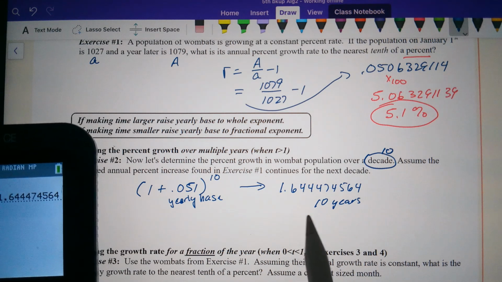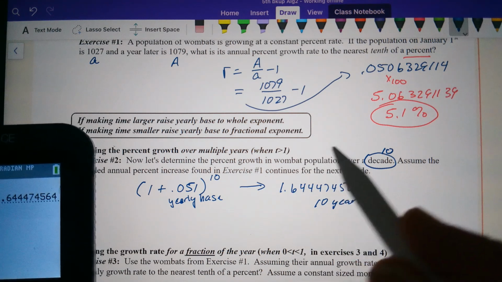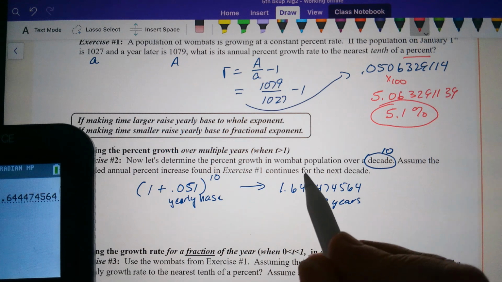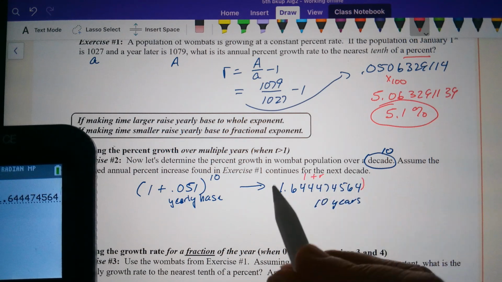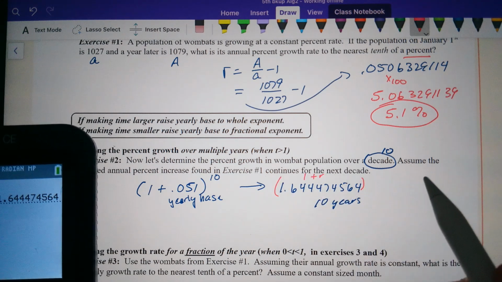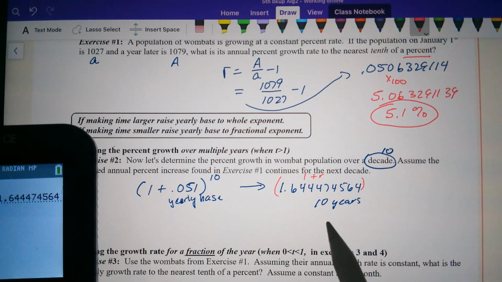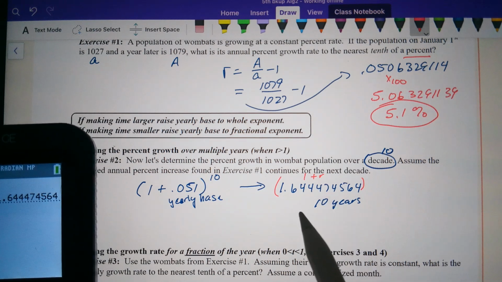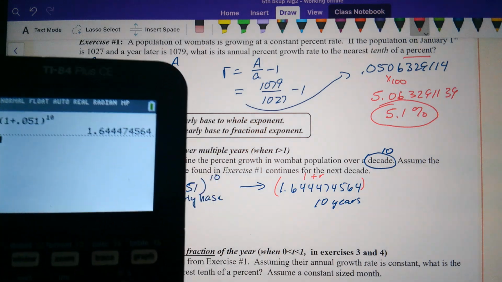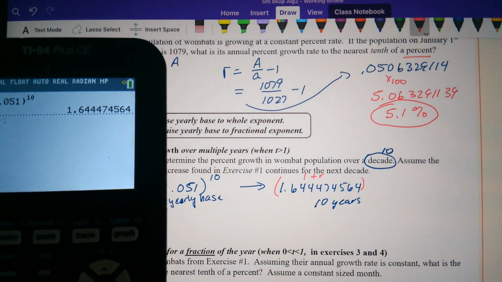Well, that's a base, so what is R? This decimal represents 1 plus R over a 10-year period. So if we want to find R, we simply subtract 1. So we're on the calculator, subtract 1.